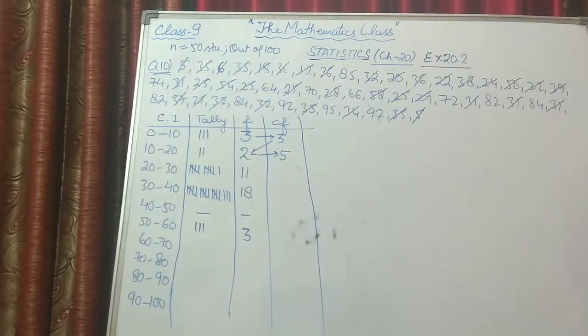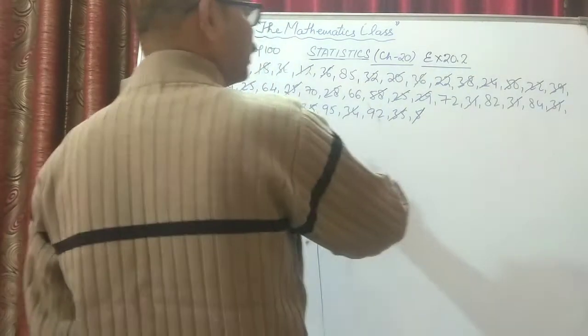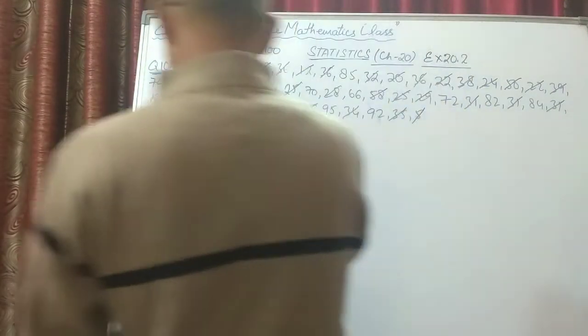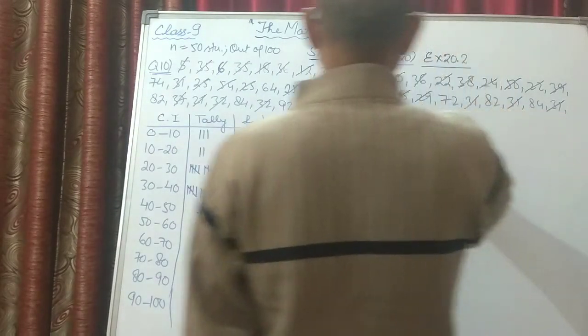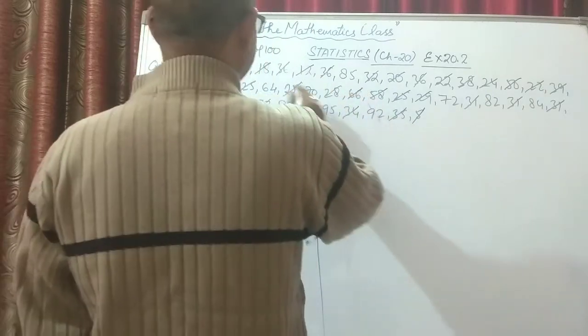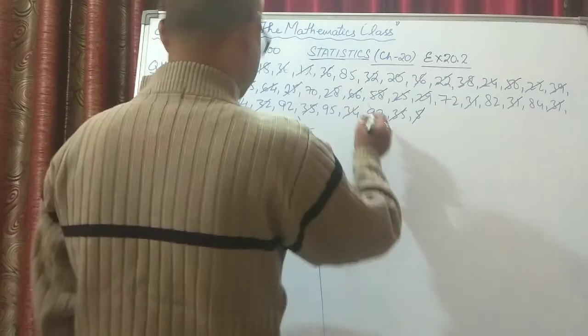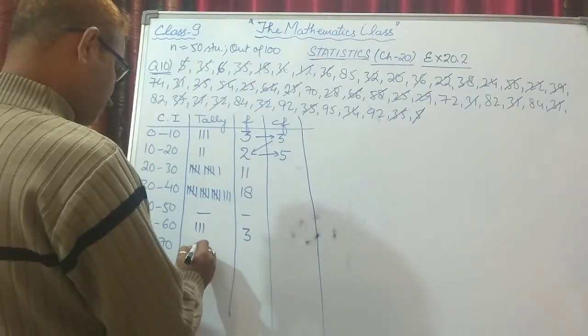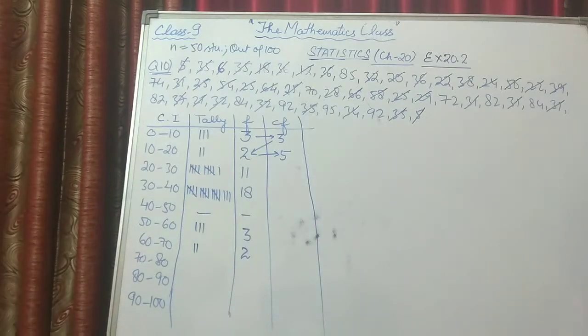Now from 60 to 70, there are 2. So 2 is from 60 to 70.